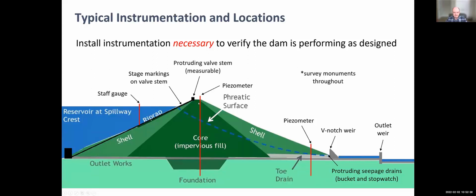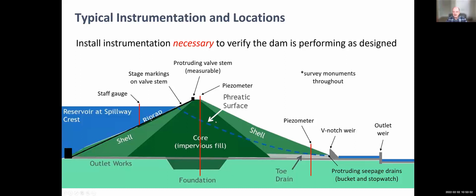And then there may be various things on your dam that you can survey to figure out their position in space and over time. Even this pretty obvious thing: you can put a point on top of your valve stem and just track the location of that over time through surveying methods.